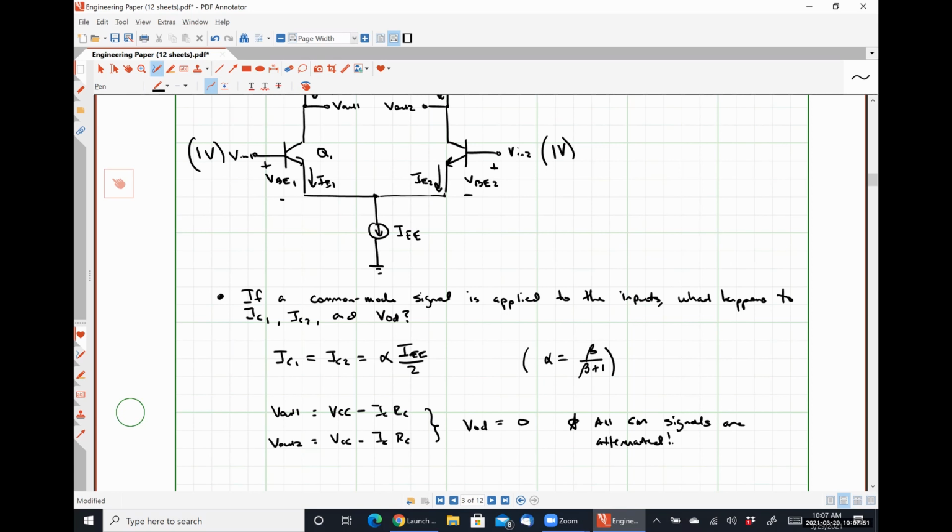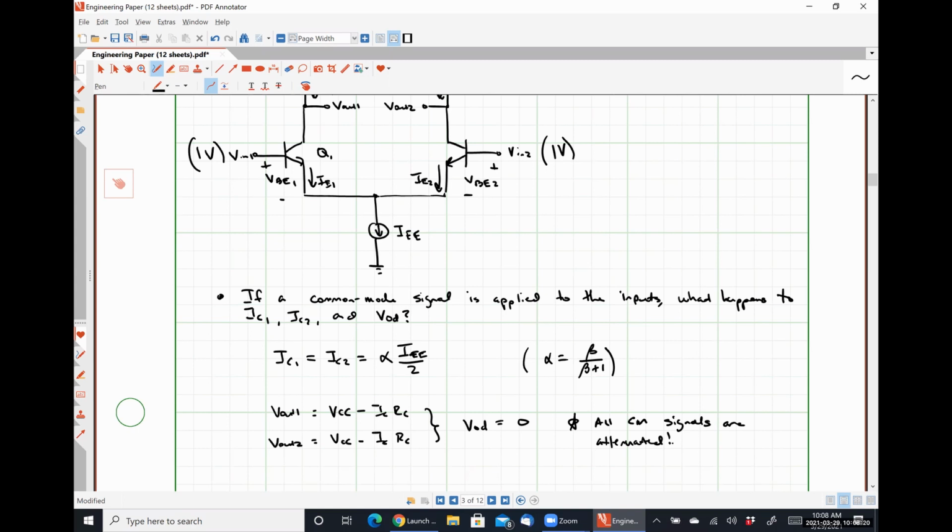What if we changed our common mode signal from 1 volt to 1.5 volts? What's going to happen? Can IC1 or IC2 change? No, right? It should not matter what our common mode voltage is. There is a constraint on that we'll talk about momentarily.